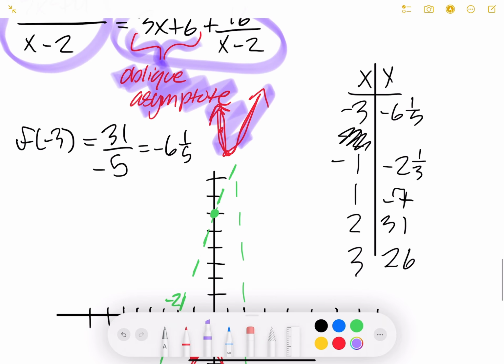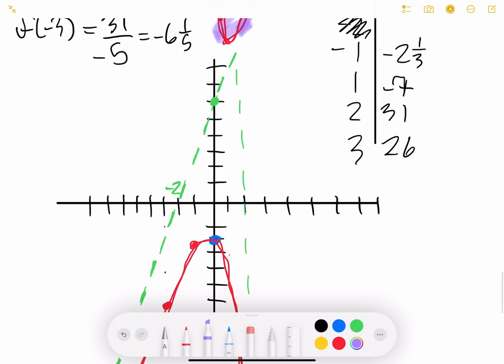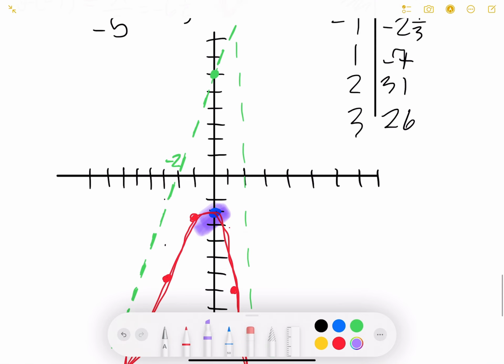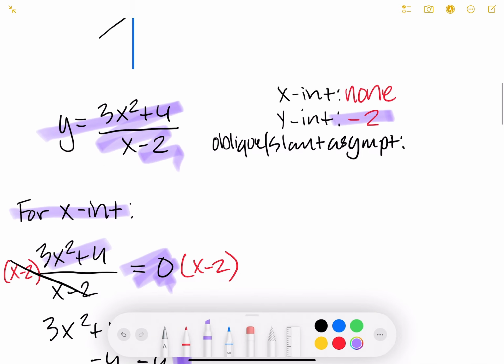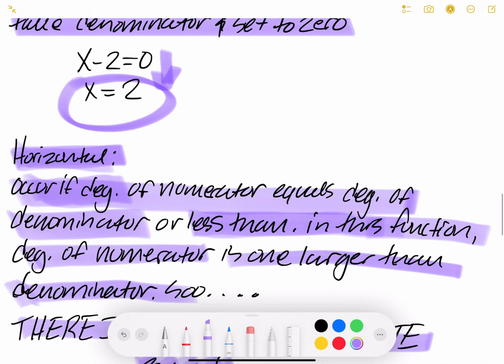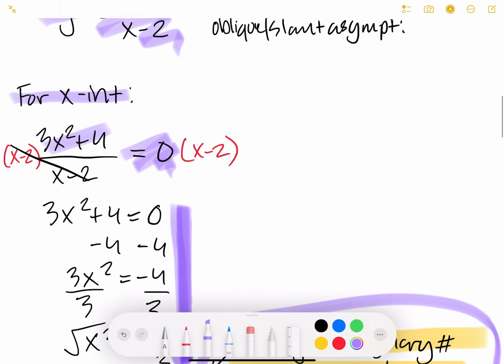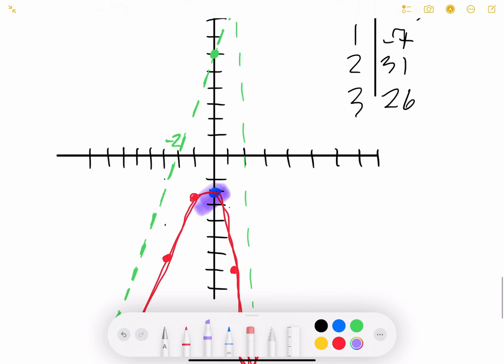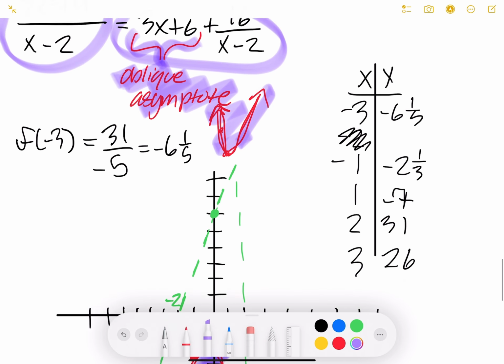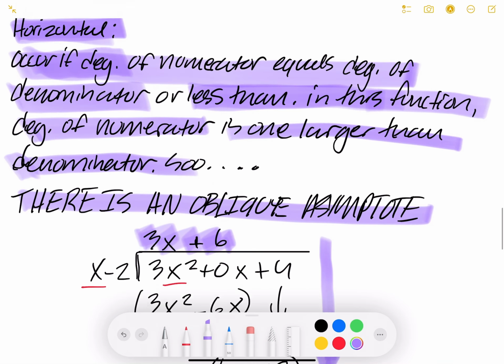So basically I started out with putting down my y-intercept, and there was no x-intercept.